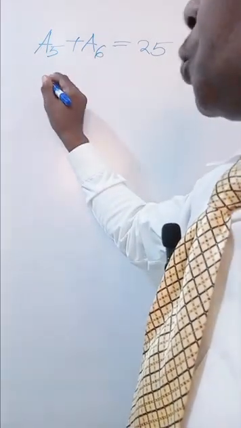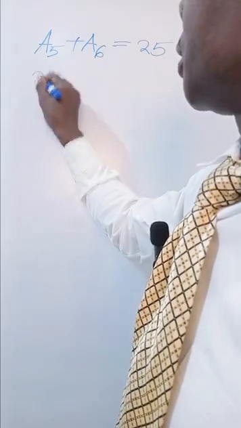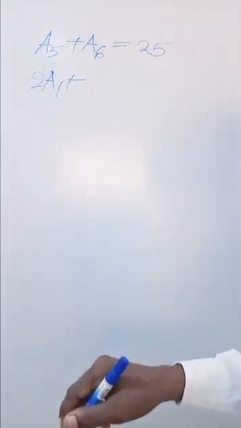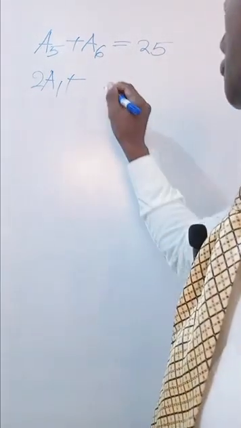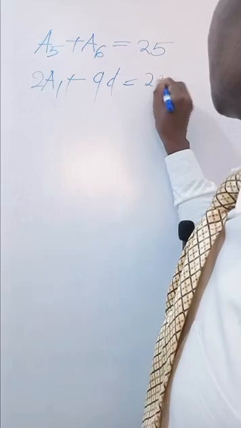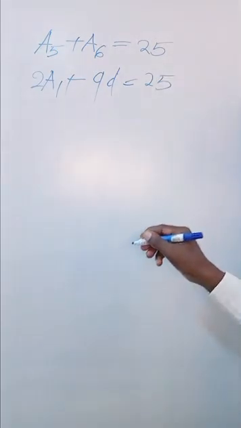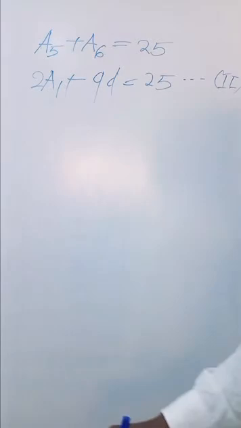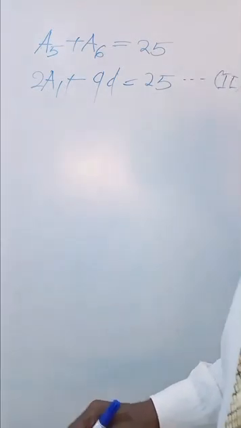So adding the two together, we get 2A1, then plus 4D plus 5D. This gives us 9D to be equal to 25. So this is our second equation. Now we have two equations which we're supposed to solve simultaneously.